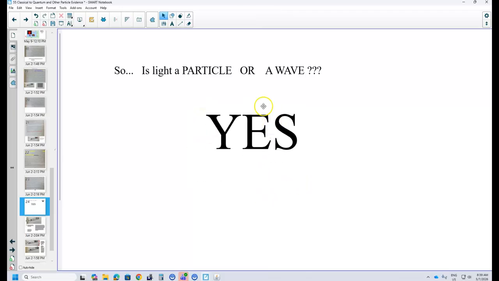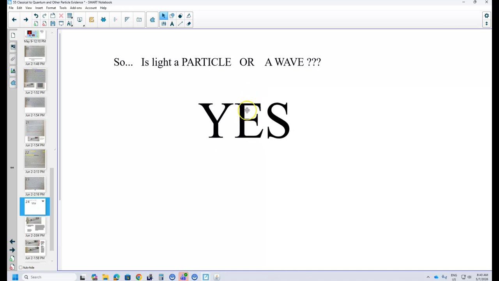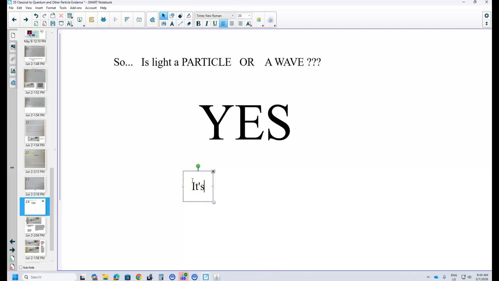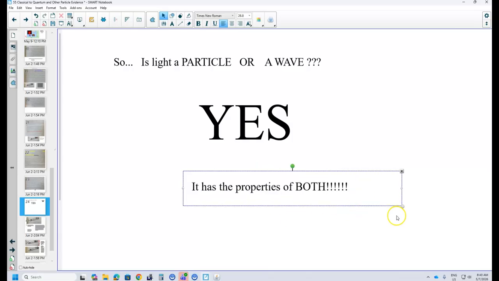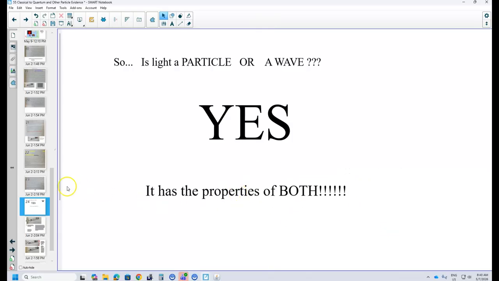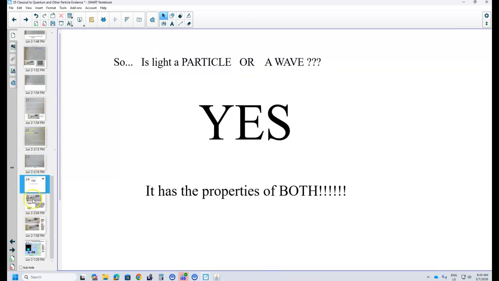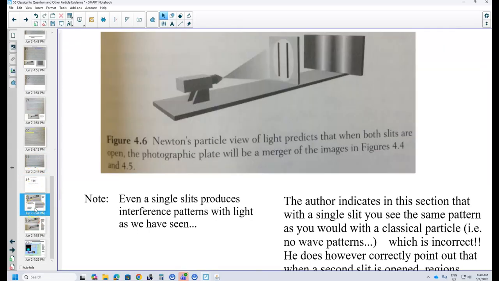It's like my answer when someone asks me if I want apple pie or blueberry pie. It's like, yes. So it's both, right? It has the properties of both. Which is very odd, right? But that's the conclusion of our journey here of looking at the wave and particle properties of light, right?